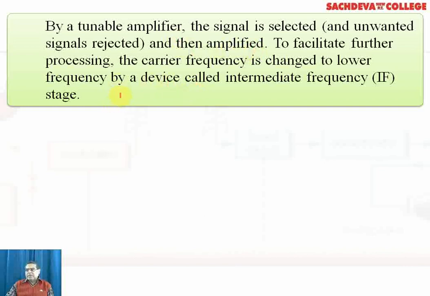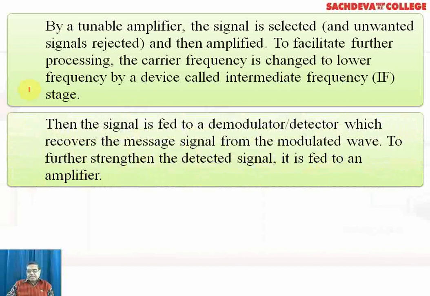Loudness is always given in decibels. To facilitate further processing, the carrier frequency is changed to a lower frequency by a device called the intermediate frequency, IF. When we say the frequency is changed to a lower frequency, we are referring to 20 Hertz to about 20,000 Hertz. That is the meaning of this statement.